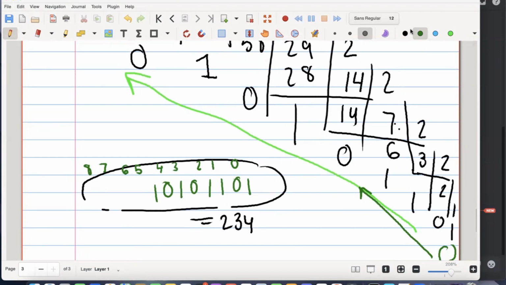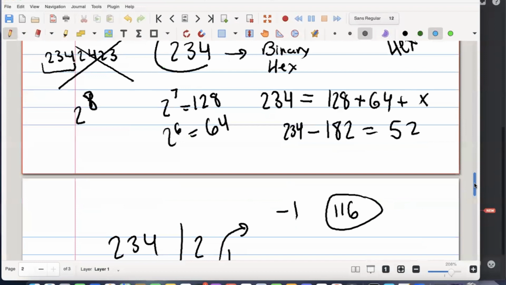Okay. And then if we had to do a recount, we could easily convert this back to decimal to check our answer. Let's go here. So now this is the zeroth term, 1, 2, 3, 4, 5, 6, 7. 234.